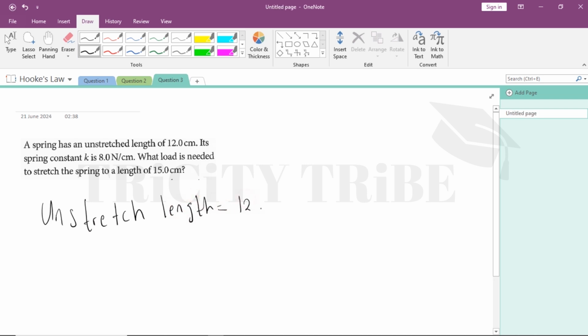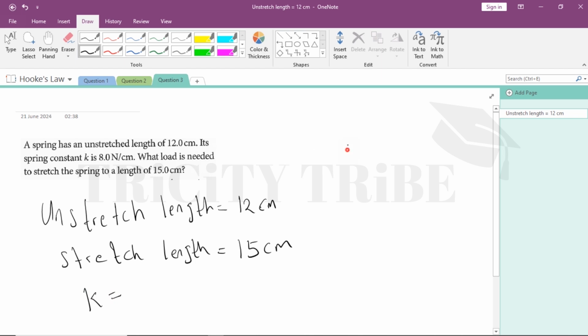Is 12 centimeter, right? Then the stretch length is what? The stretch length is 15 centimeter, right? Now we're given our K.